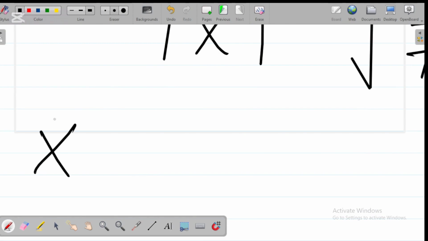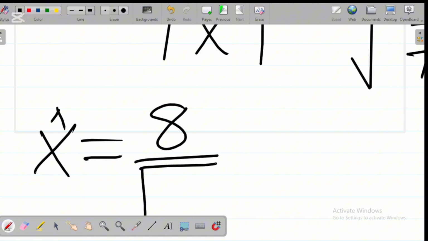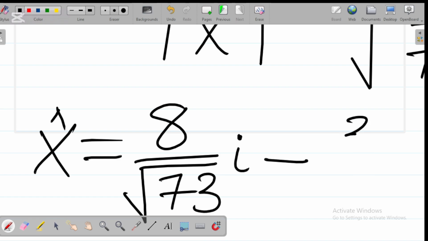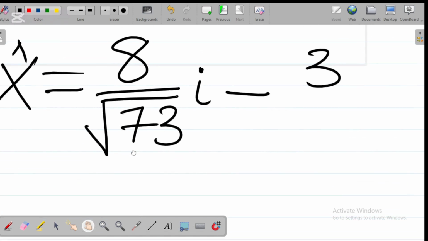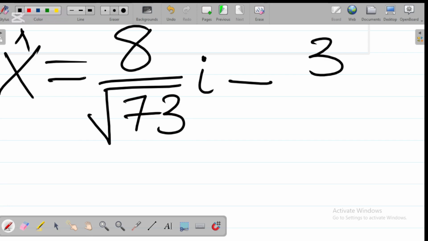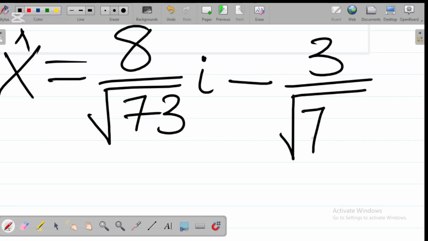So the unit vector of x is equal to 8 divided by square root of 73 i minus 3 divided by square root of 73 j. So this is the unit vector of x.